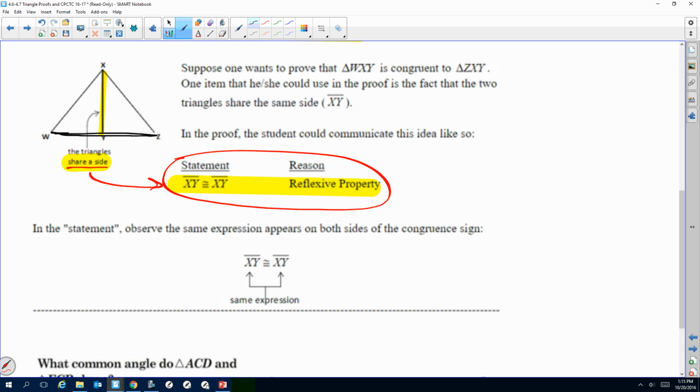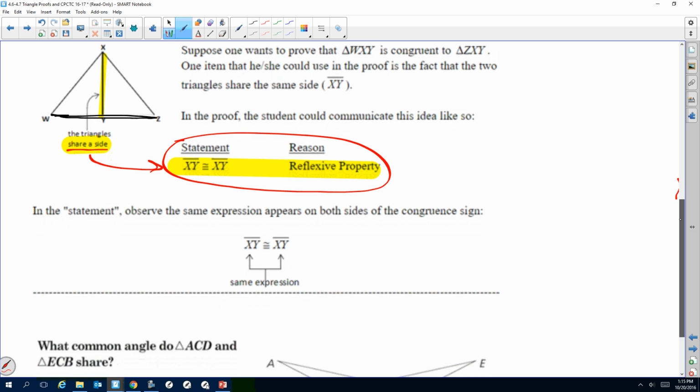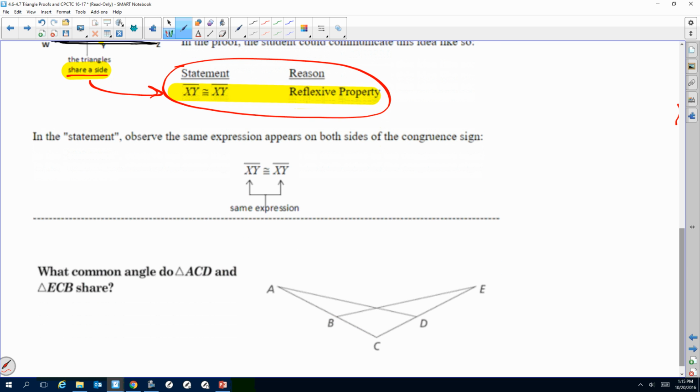Sometimes I'm going to give you parts of the proof. The proofs we're going to do today, I'm going to give you the statements. So anytime we see an expression that has basically the same thing, so if you look right here, see how this is XY, XY, same, looks like a mirror image.